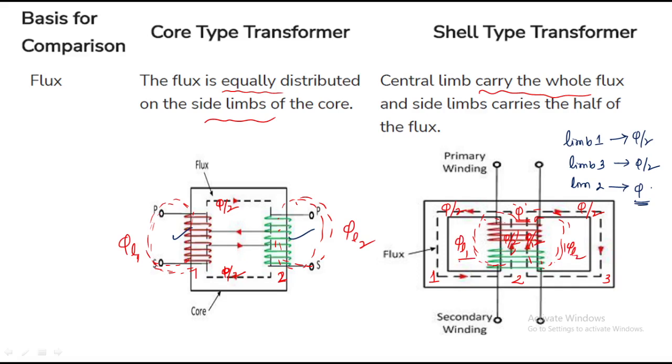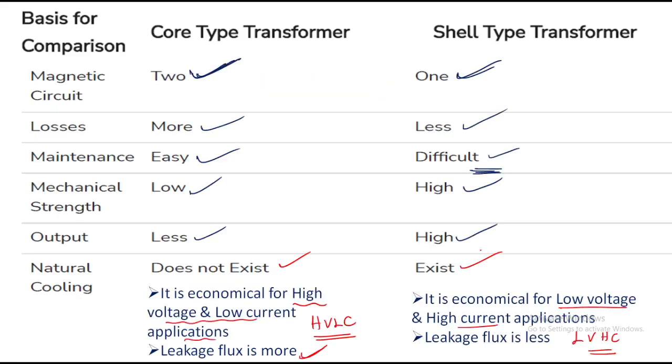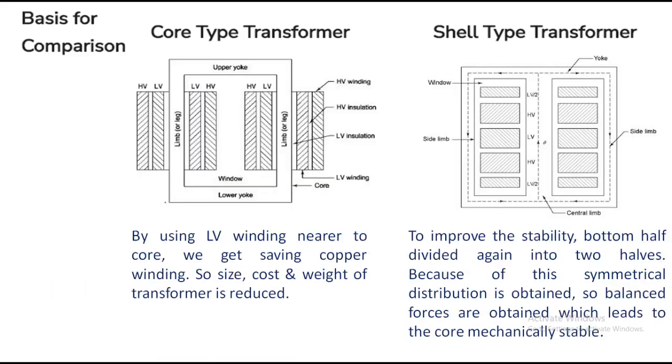This leakage flux is helpful to drive an application, or helpful to provide an EMF. But in the core type transformer, the leakage flux is available in the air, whereas in the shell type transformer, it is present in the machine itself, and that can be useful to induce an EMF.